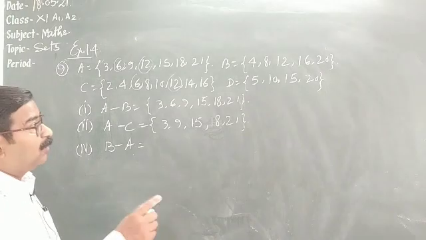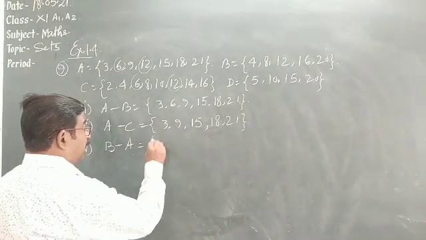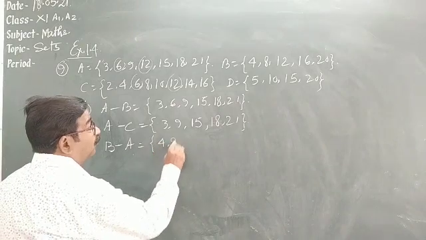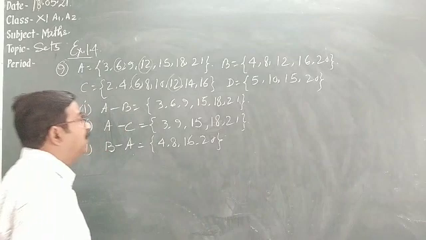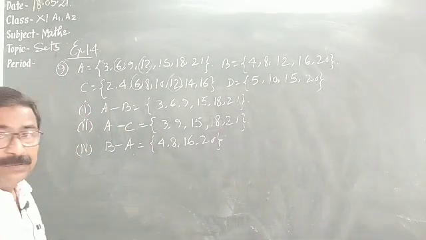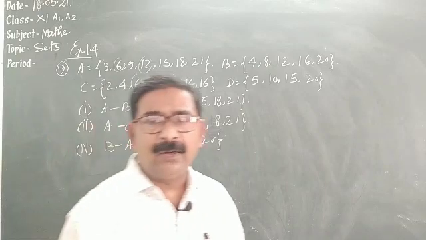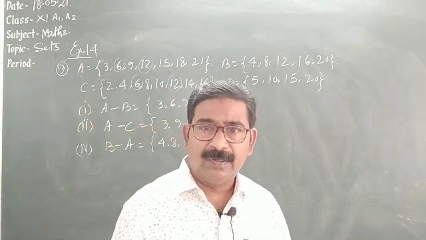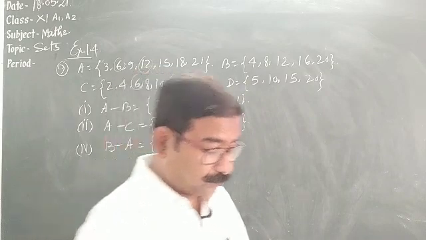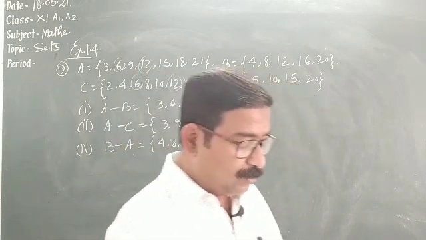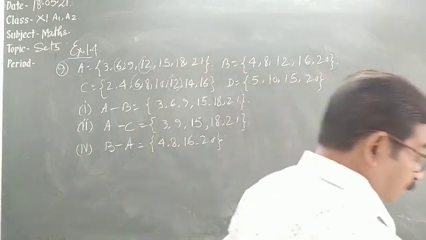So leaving the common, other elements of B are not found, means we have 4, 8, 16 and 20 are not found in A. Clear? So you can write all other parts yourself. So we are coming to question number 10, just like question number 9.